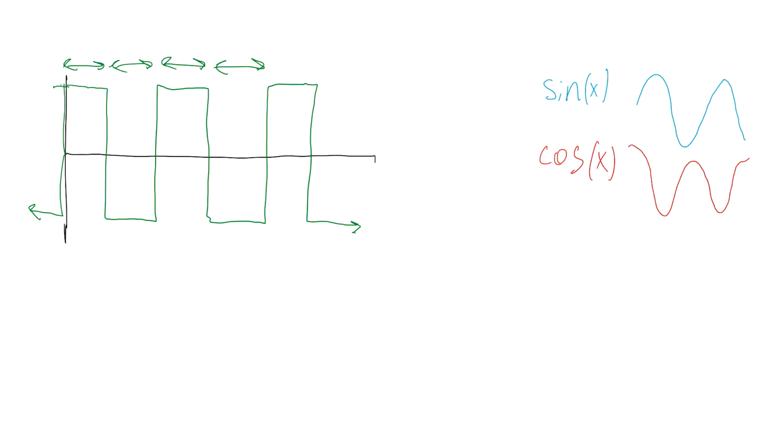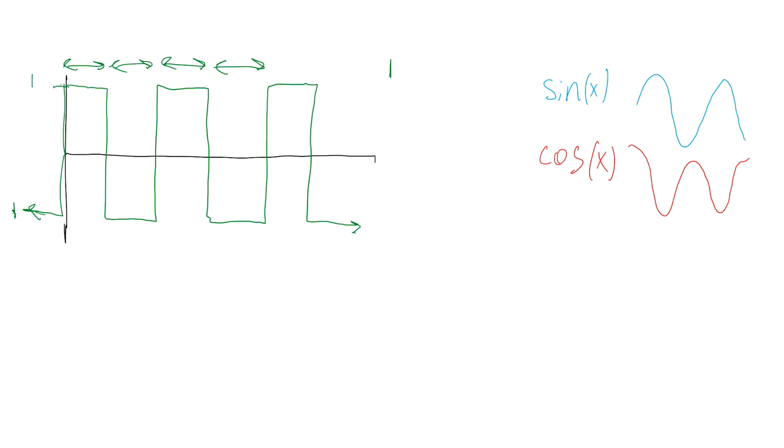So let's look at what it has. So here it has 1, or it has, yes, let's say this is 1 and 0 over here, or this is -1, let's say. So -1 and 1.